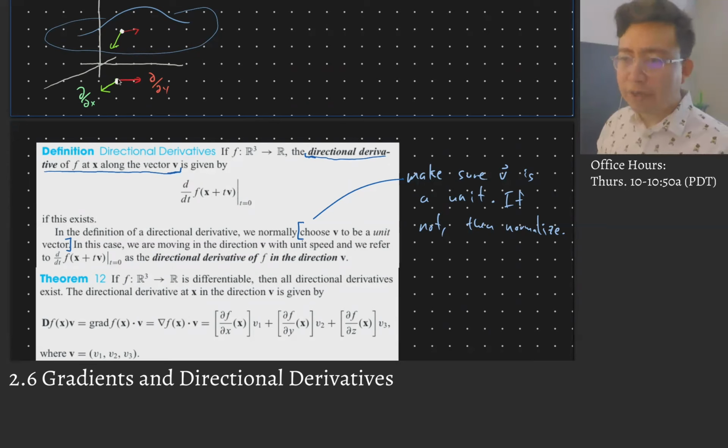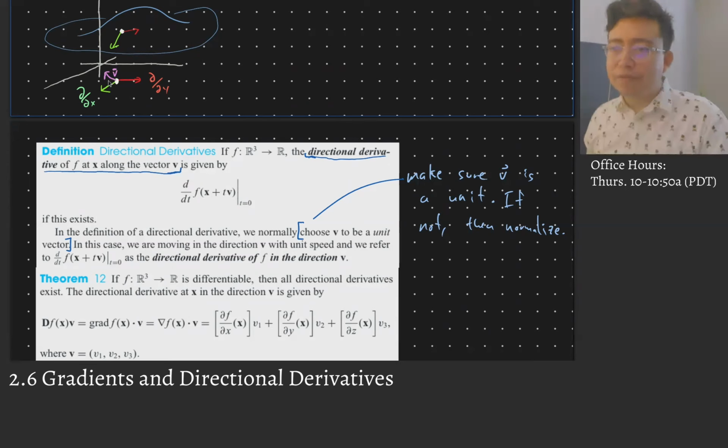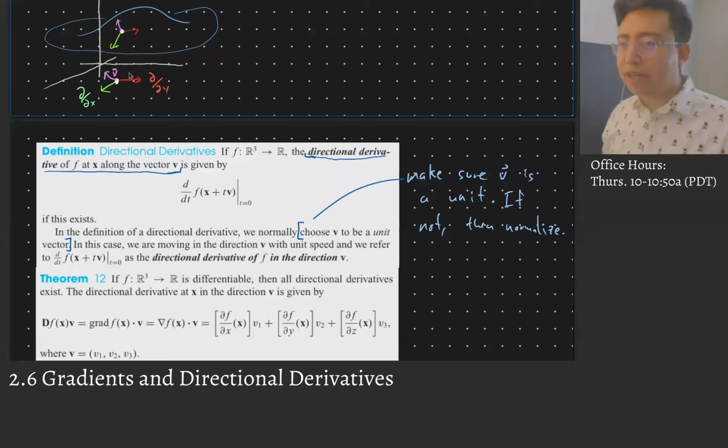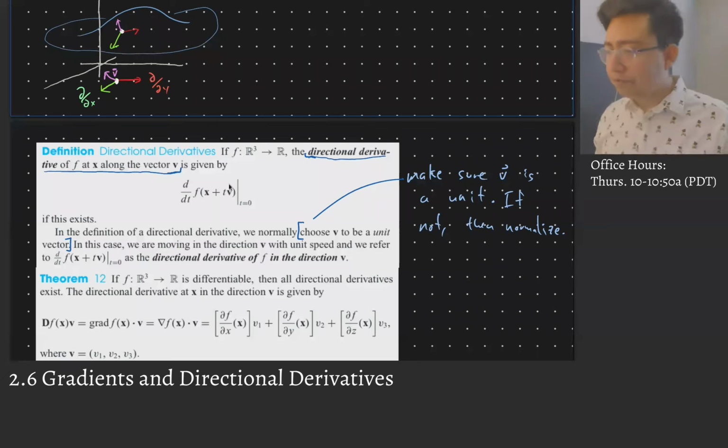Let's say that direction is v. Then what's the derivative in that direction? This is the derivative in the v direction at this point x here.